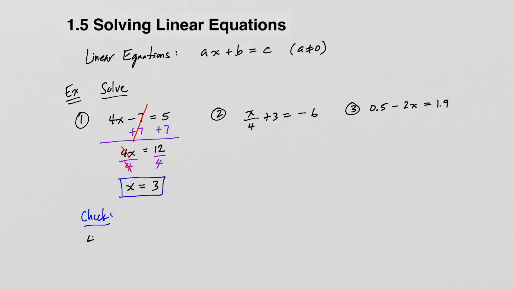When we do that, we get 4 times 3 minus 7 equals 5, and I like to put a question mark there because I'm checking to see if indeed that is true. Well, 4 times 3 is 12, and so this says 12 minus 7 is 5, and that of course is true because on the left-hand side we get 5, and on the right-hand side we also get 5.